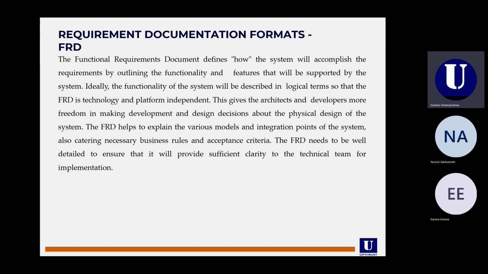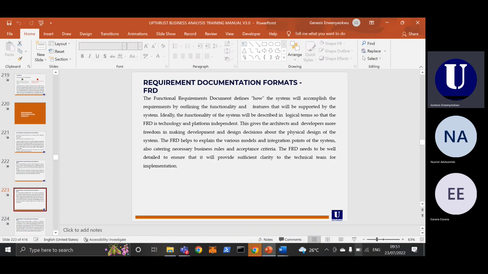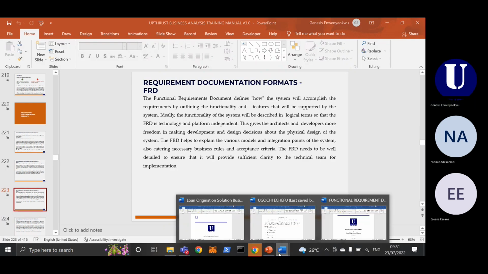The FRD helps to explain various models and integration points of the system. It also helps to cater for necessary business rules and acceptance criteria that we need. The FRD needs to be well detailed to ensure that it provides sufficient clarity to the technical team that is implementing the solution. So let me open a sample FRD.